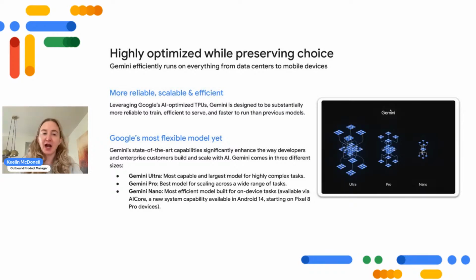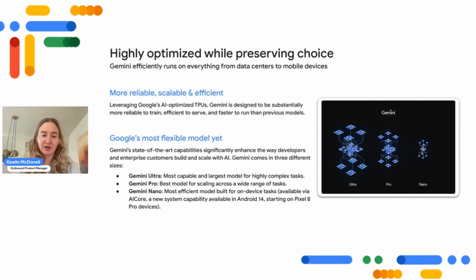All right, and again, highly optimized while preserving choice. This is really where Google has a unique advantage. As many of you are aware, we have our uniquely Google-generated TPUs, which is our own hardware that's set up just for serving these types of large models. It's designed to be more reliable in terms of training, more efficient in terms of serving, and a lot faster than previous models that we've offered.